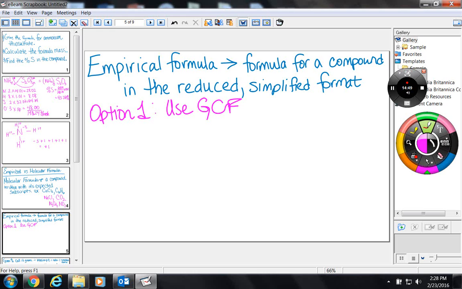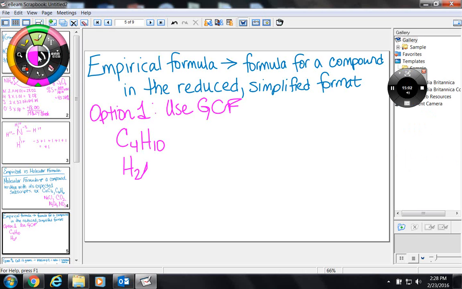So I'm going to give you a list of compounds. We have C4H10, H2SO4, and N2O4.